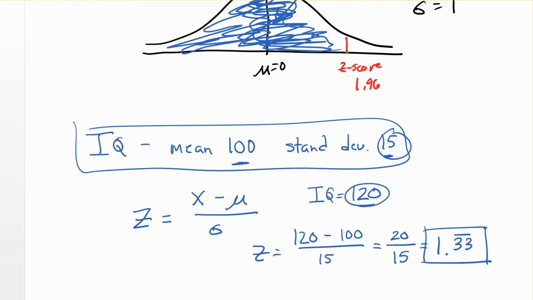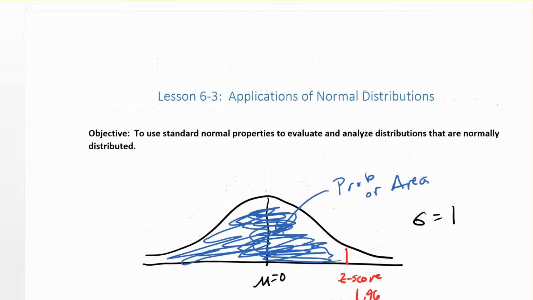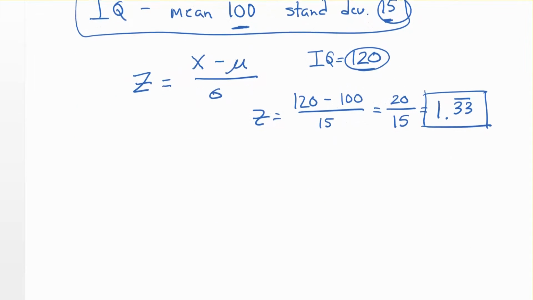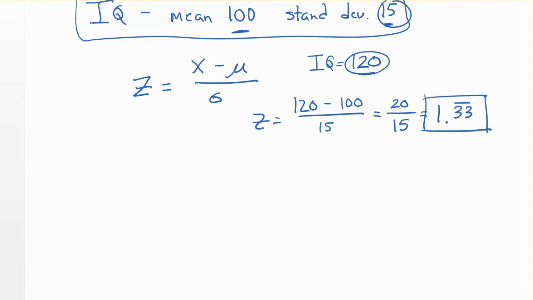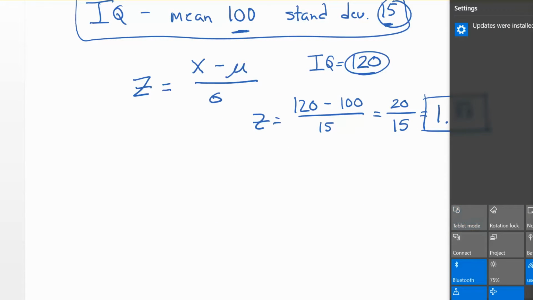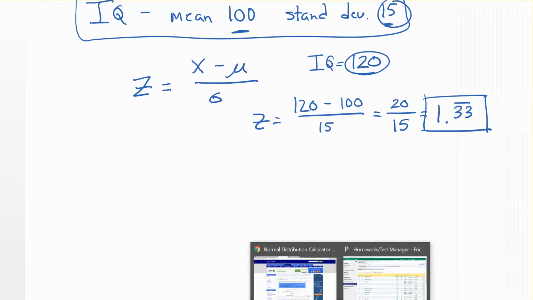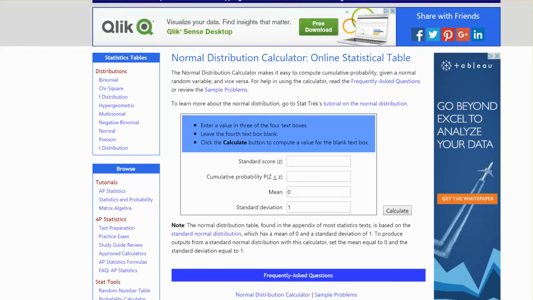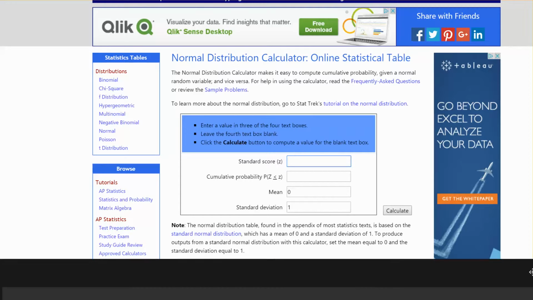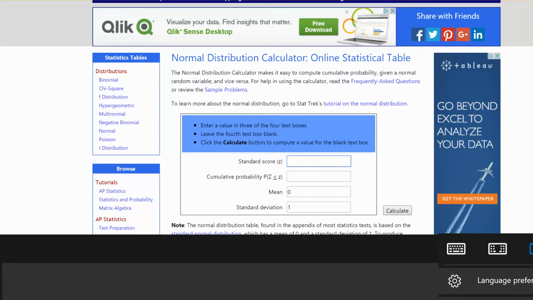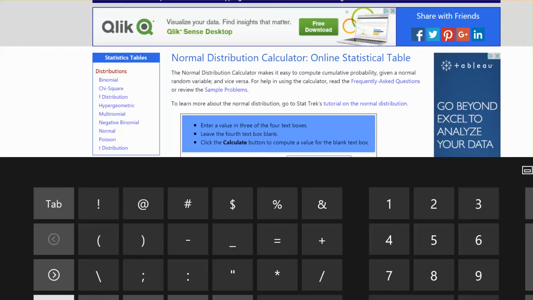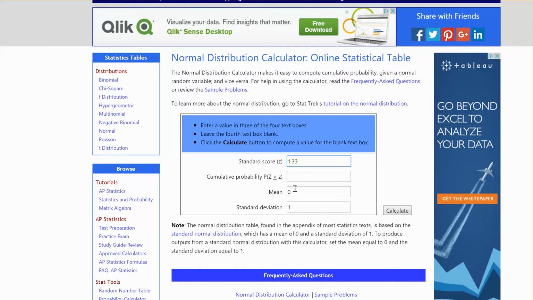So that kind of begs the question, a z-score of 1.33, what percentile does that put you in? Well, we can go to our normal distribution calculator, and we have a z-score of 1.33. We're looking for the cumulative probability.